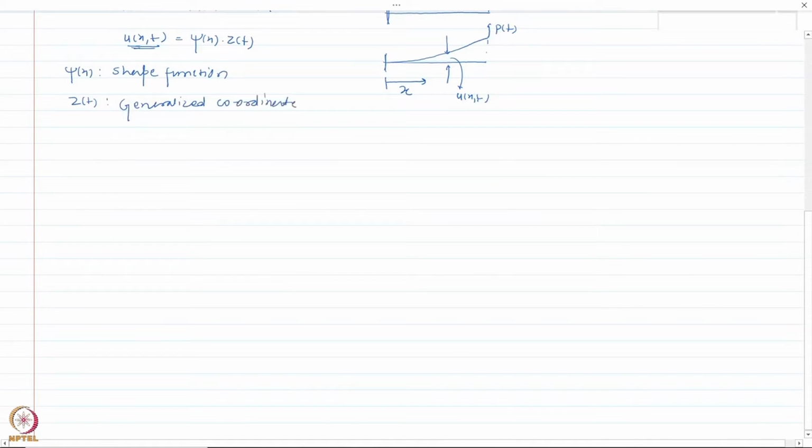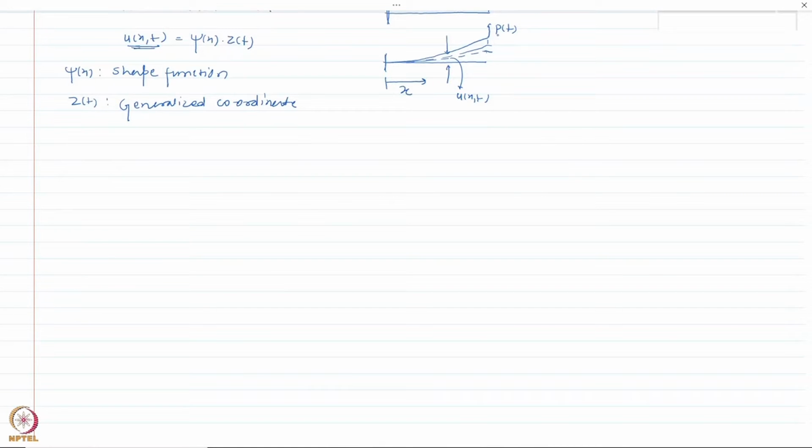Let us see the significance of these two quantities. If you look at the deformation at different instants for a continuous body, for example this cantilever beam, at different instants of time it would be something like this is t1, then this is t2 here, and so on. Considering that the body is vibrating, two things are happening.